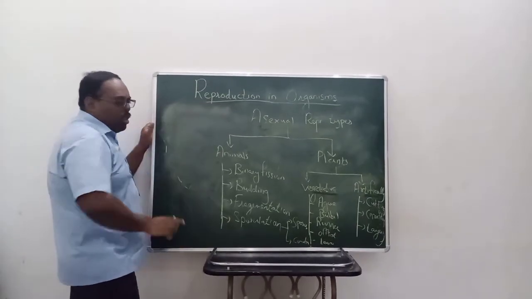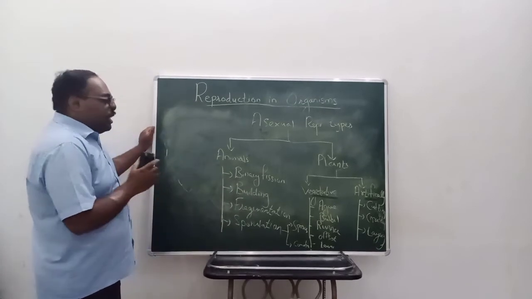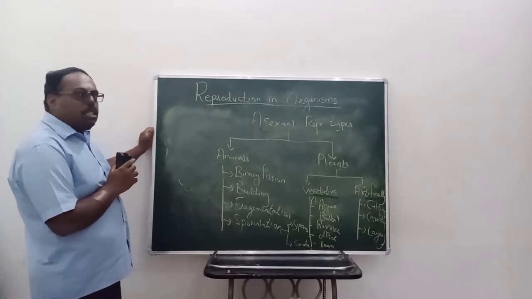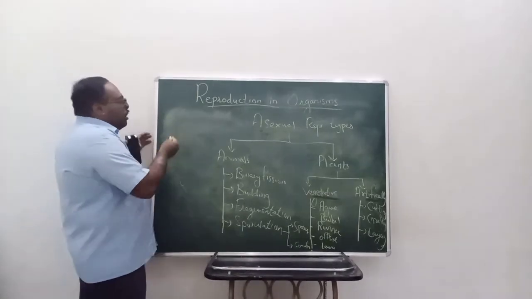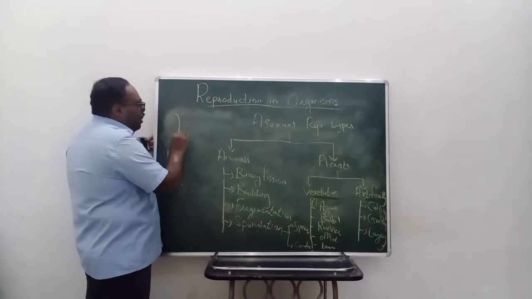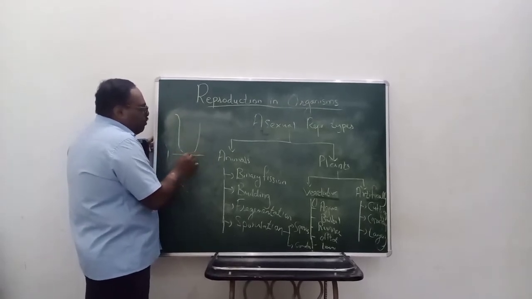Next is what is known as budding. The best example for budding is yeast or hydra. I have already mentioned that a hydra is sessile, it doesn't have any movement.